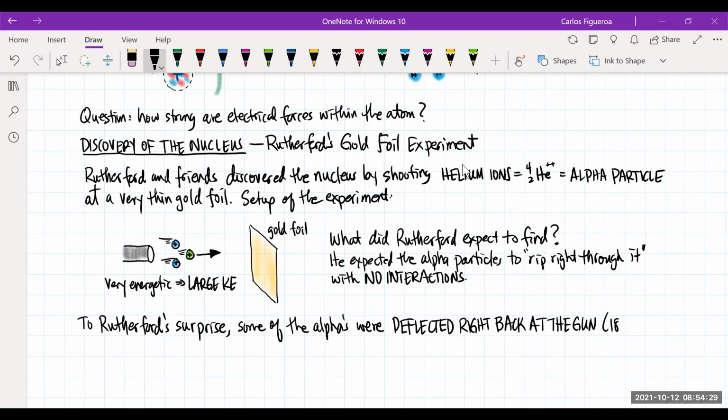In other words, they were deflected by 180 degrees.